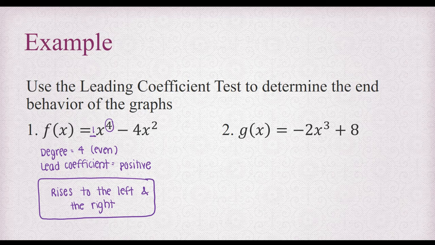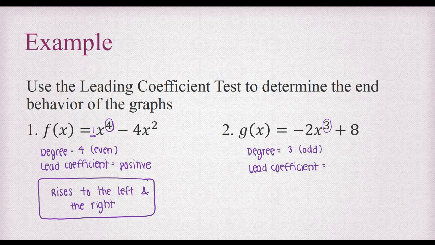If I look at the second example, g of x equals negative 2x to the third plus 8, we have to look at what the degree of this polynomial is and what is the lead coefficient. It looks like there is only one exponent here. It's a 3, so that makes it an odd number.